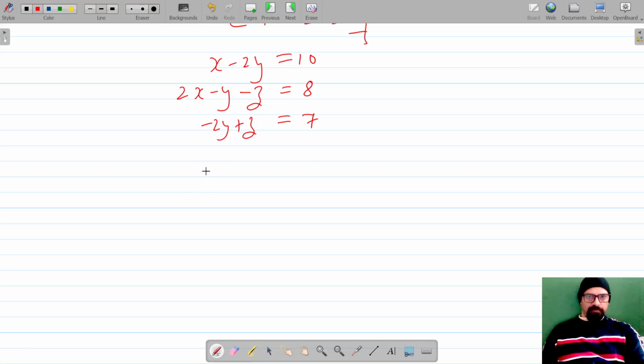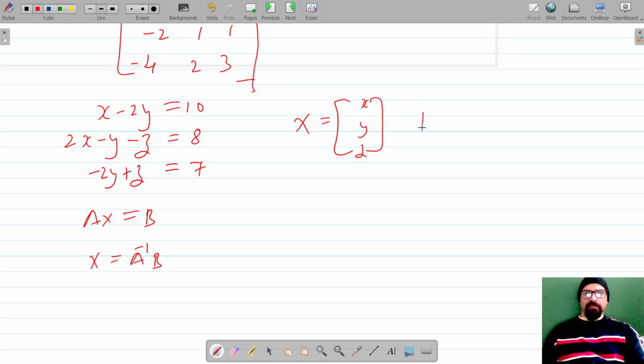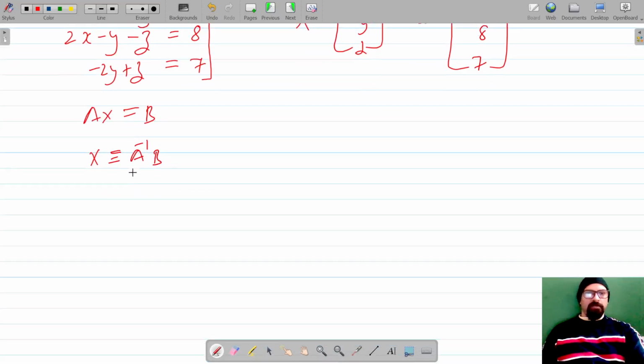Okay, now we have to write it in the form AX is equal to B, and X is now equal to A inverse B, and X matrix has the variables x, y, and z, and B matrix has the elements 10, 8, and 7. Okay, now let's replace the values here.